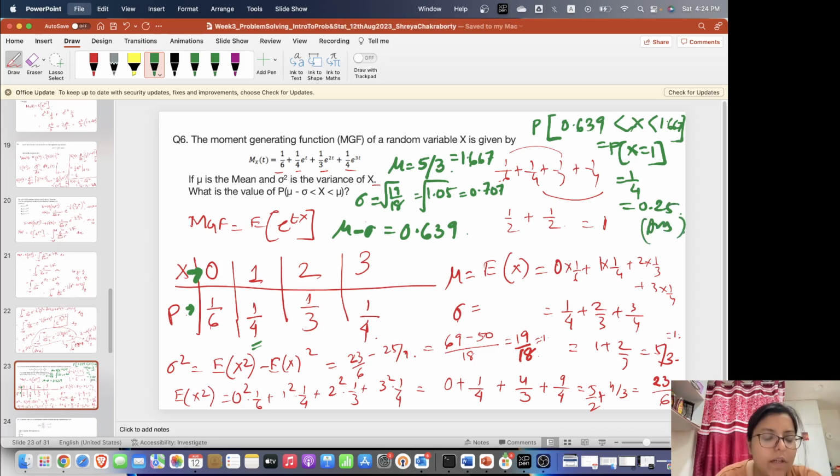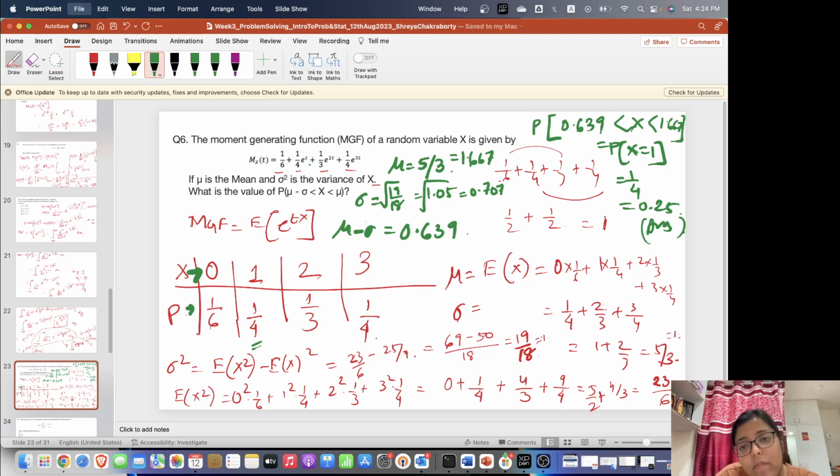Can you repeat where you are facing the problem? I just couldn't understand why the discrete value. Now I can understand. Okay, so because it is discrete and it's taking only these 4 values, it can only take 1 in this range. Alright, thank you.